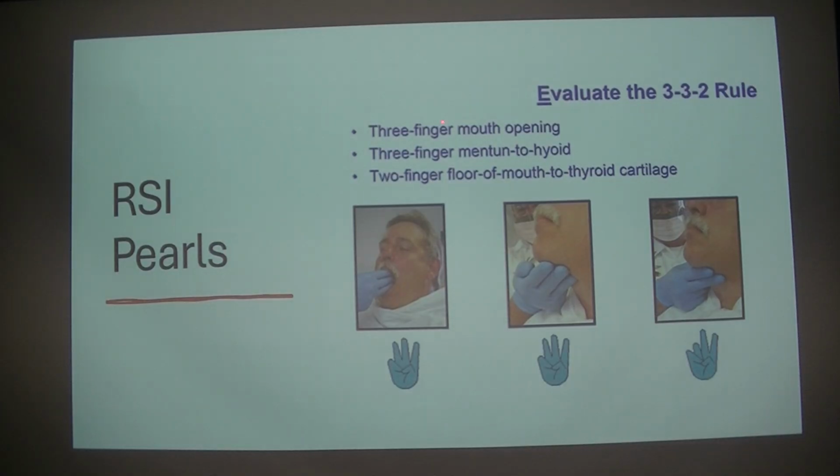So, 3-finger mouth opening, 3-finger menton to hyoid, and then 2-finger floor of mouth to thyroid cartilage. And that is going to help you evaluate how anterior this patient is and how difficult it's going to be to intubate them, because of how they're going to be able to open their mouth.